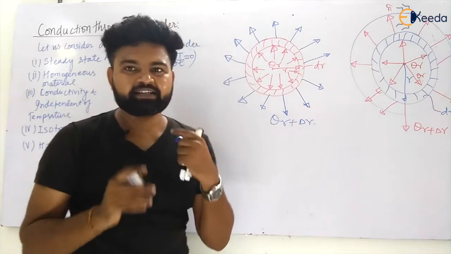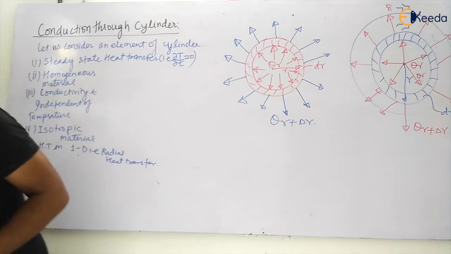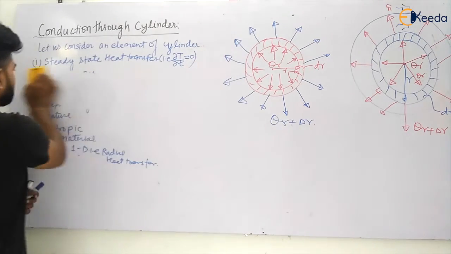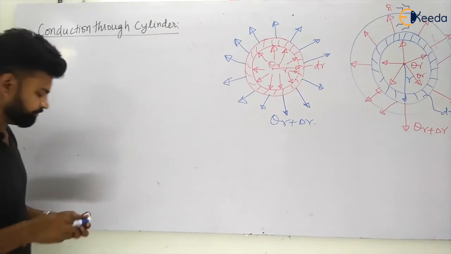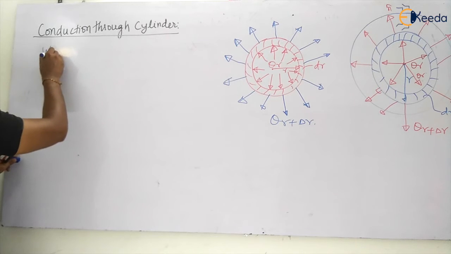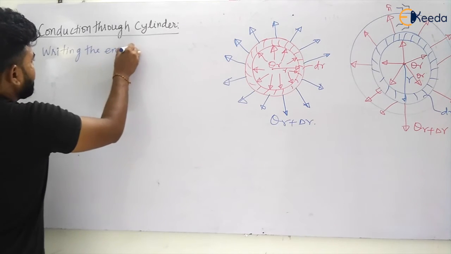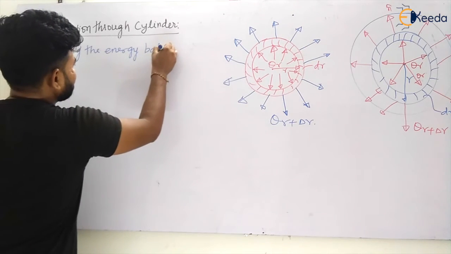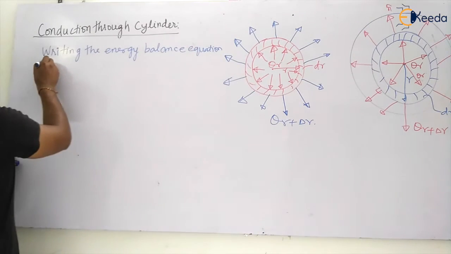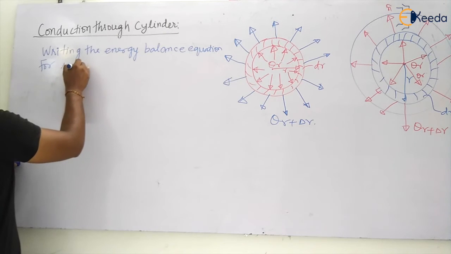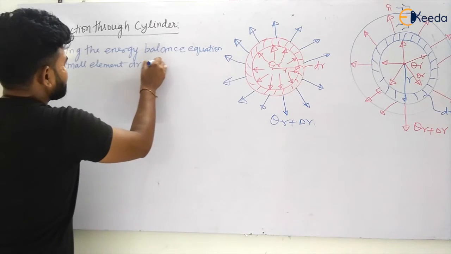So can I apply the energy balance equation in this? Yes, I can surely apply the energy balance equation. So writing the energy balance equation for a small element dr at radius r.